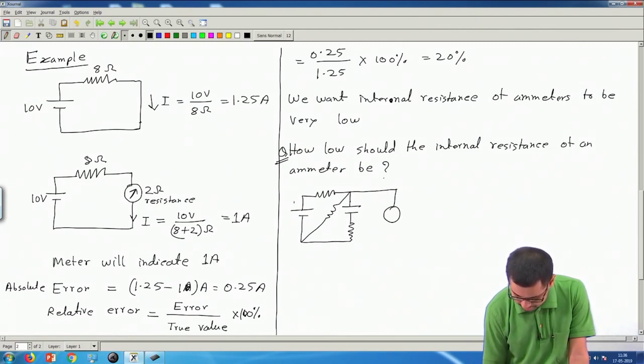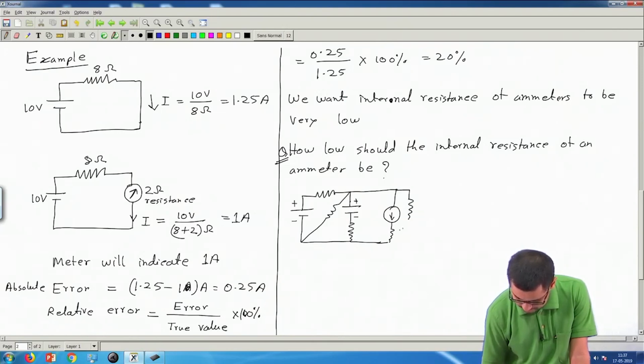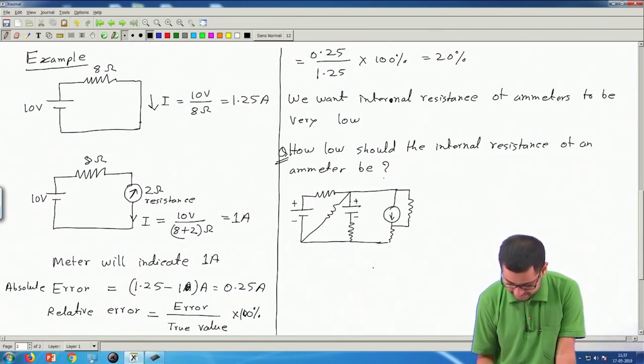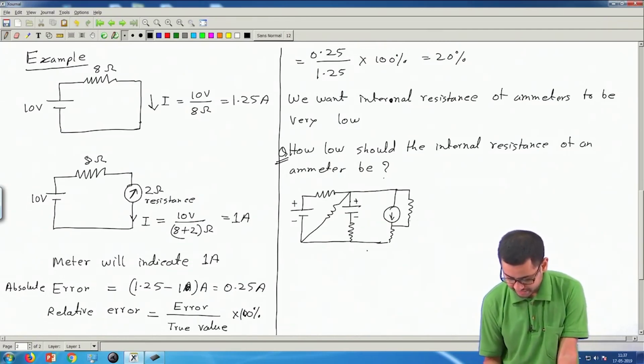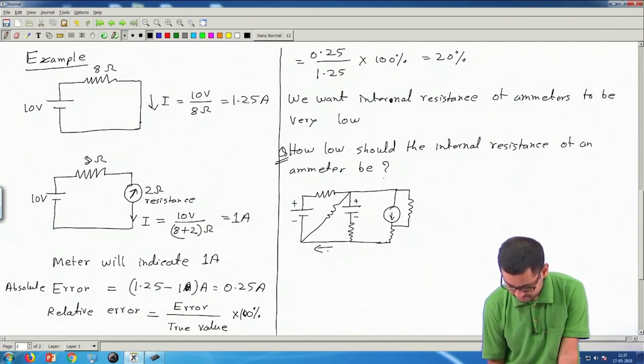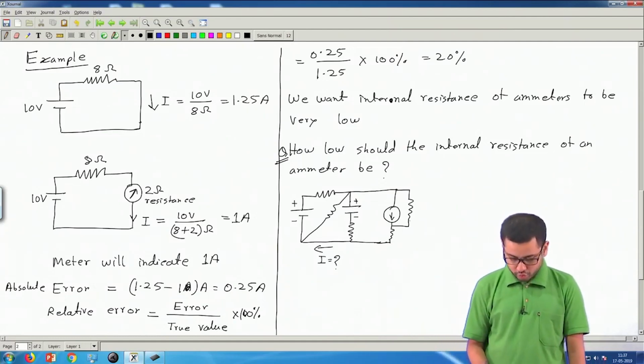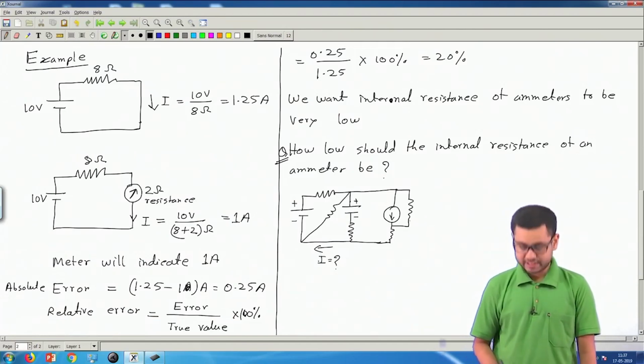So, let me also put some current sources. And say then there is a branch in this circuit where we want to measure the current. Okay. So, now how low should the internal resistance of the ammeter be to measure the current in this branch?